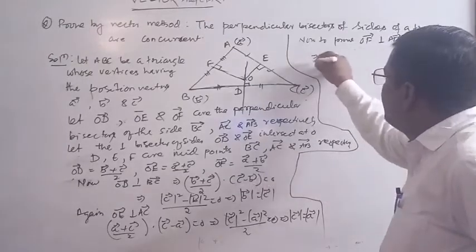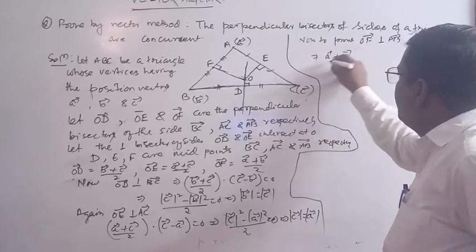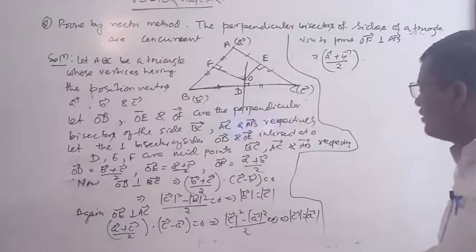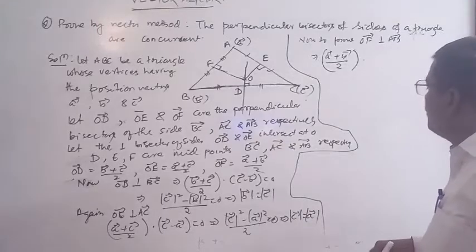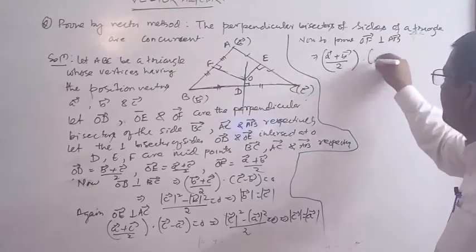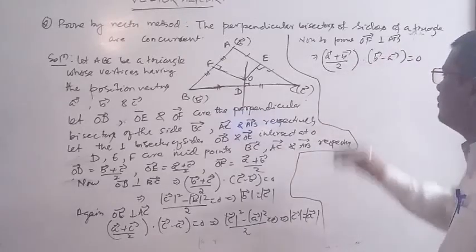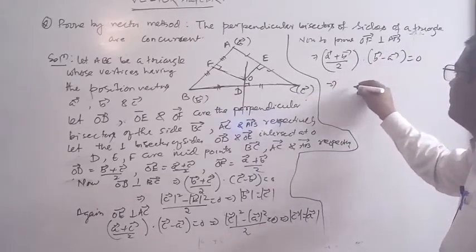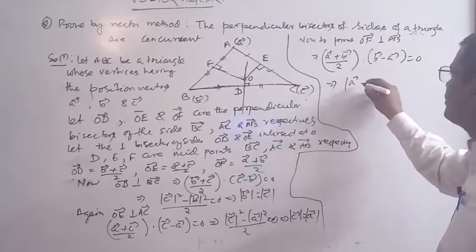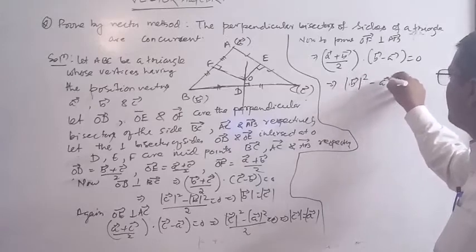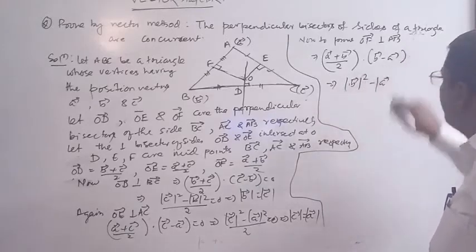That implies A plus B by 2 dot AB, that is B minus A, is equal to 0. So that implies magnitude of B square minus magnitude of A square should be 0. We should prove this.